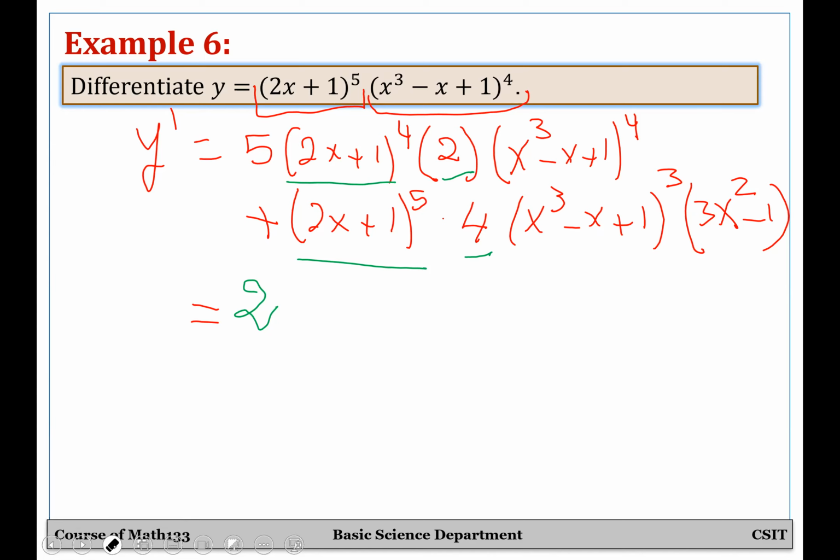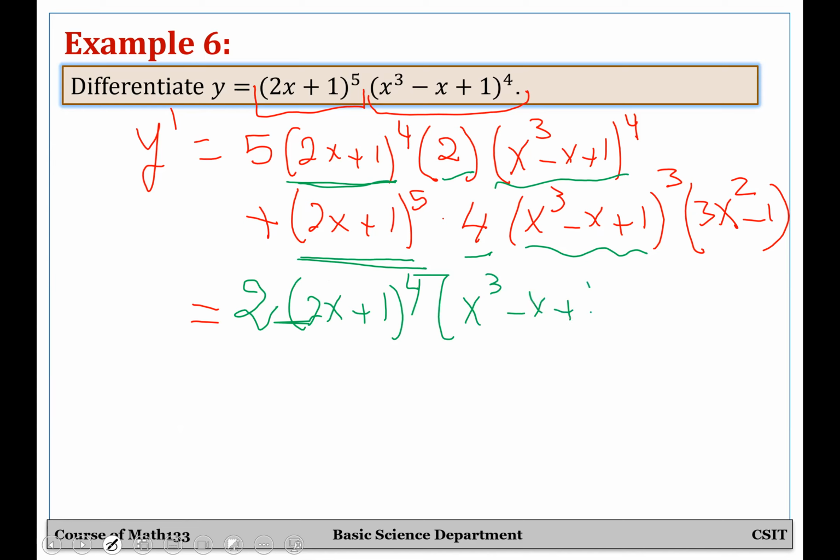Okay, so here, as I said, I will take the common factor between these and this, which is 2x plus 1 power 4, the lowest one. Okay, then there is this and this. The lowest one is x cubed minus x plus 1 power 3. Then I will open the remaining terms.